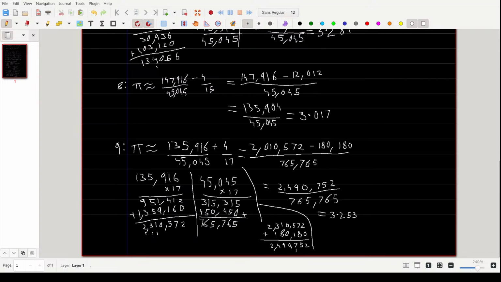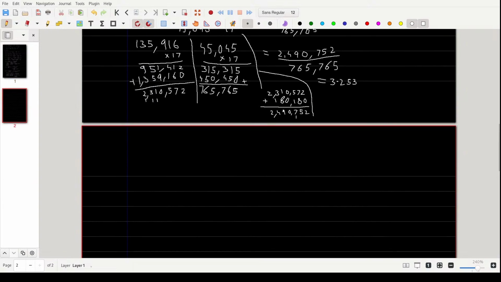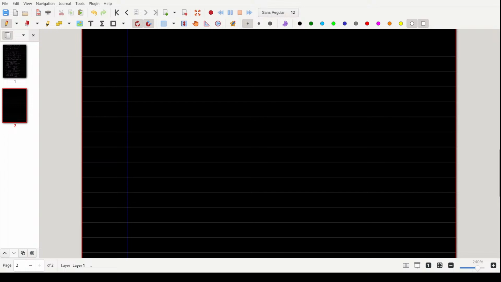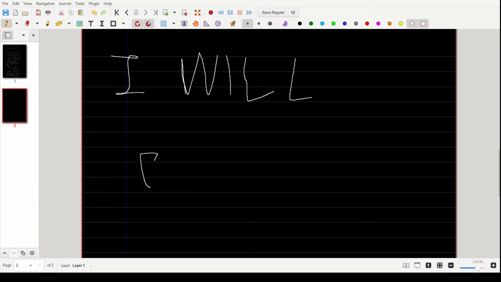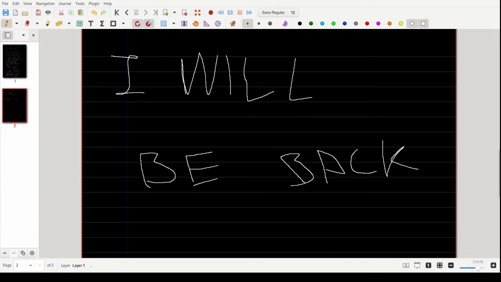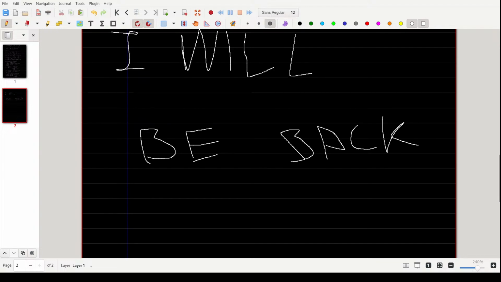I'm gonna add another page as well. How do I add page? Add page. There we go. So that's a Z. Back. And then, for fun, let's draw a skull emoji.